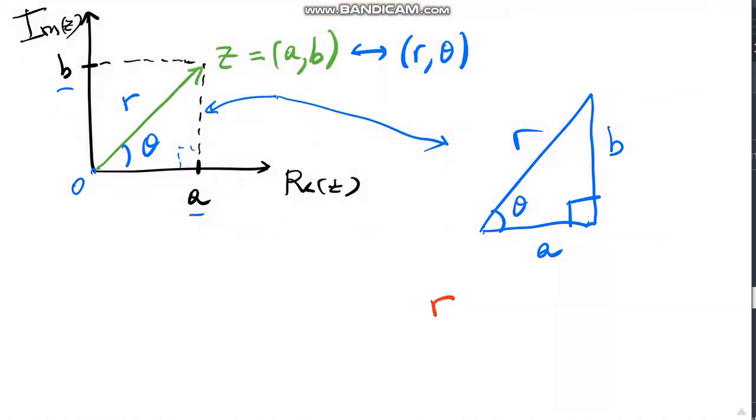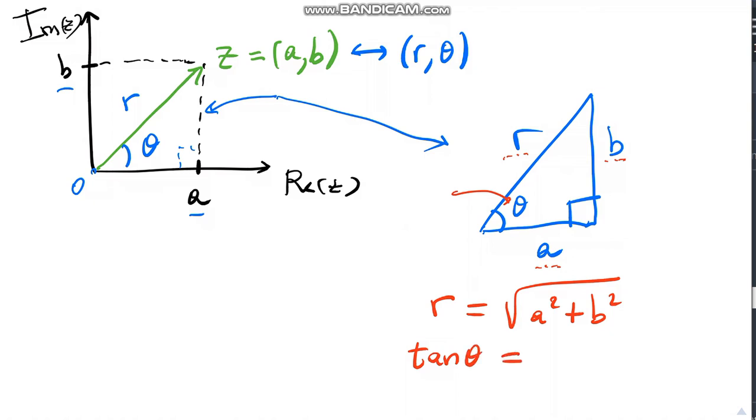First of all, r is related to b and a through Pythagoras' theorem, which tells me that a squared plus b squared, square rooted, is equal to r. And also that we know this angle here is such that the tangent of theta is equal to b divided by a. And we can invert that to find that theta is equal to the inverse tangent of b over a.